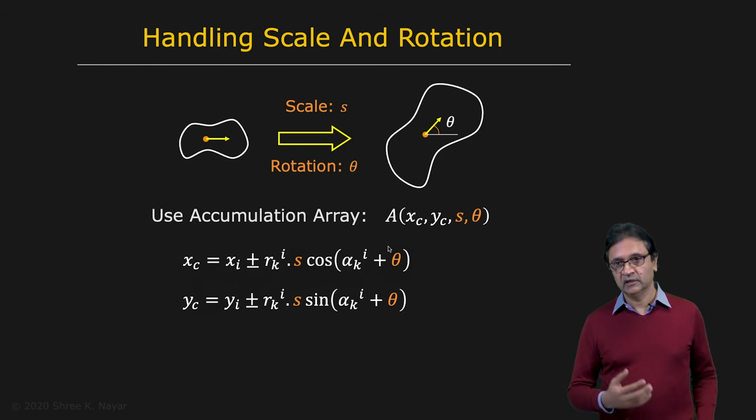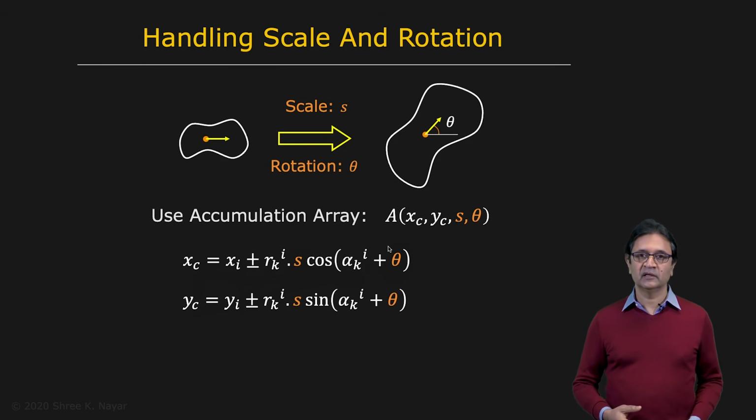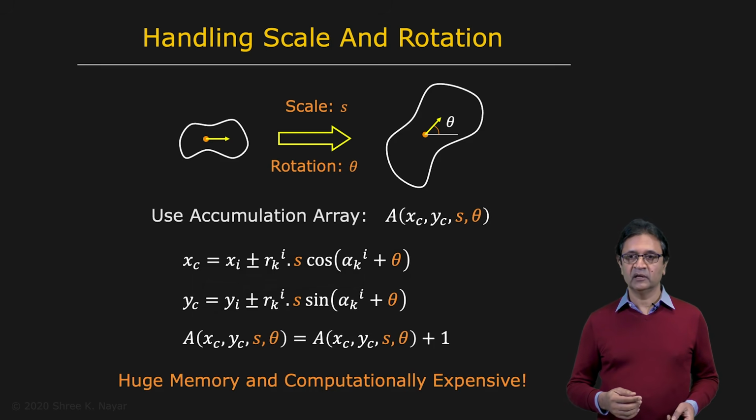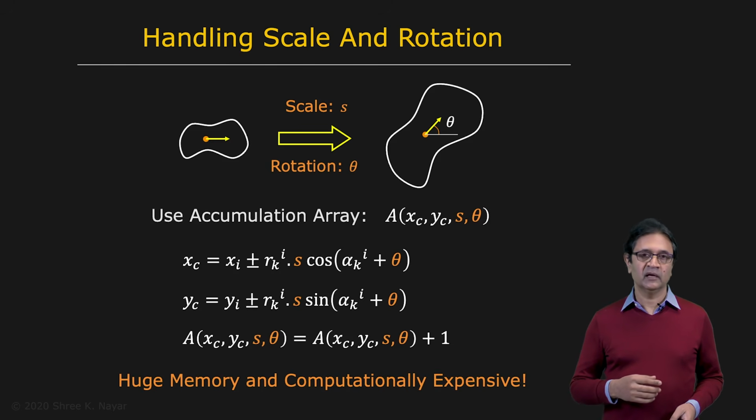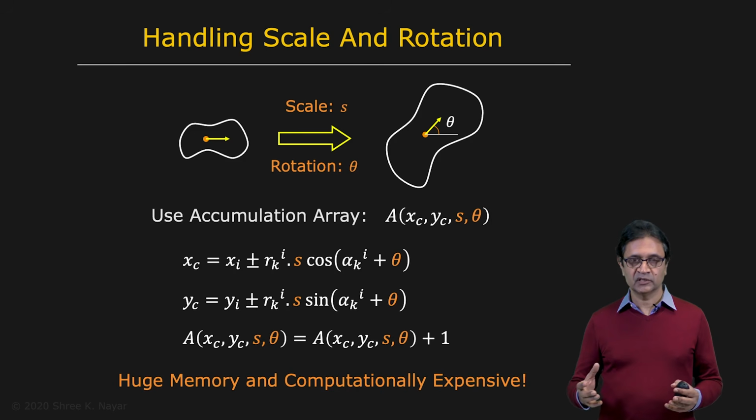So, in theory, this is an approach that one could take, but it should be clear that it requires a huge amount of memory and is computationally very expensive. So at some point, the generalized Hough transform with more parameters such as scale and rotation ends up being simply impractical.